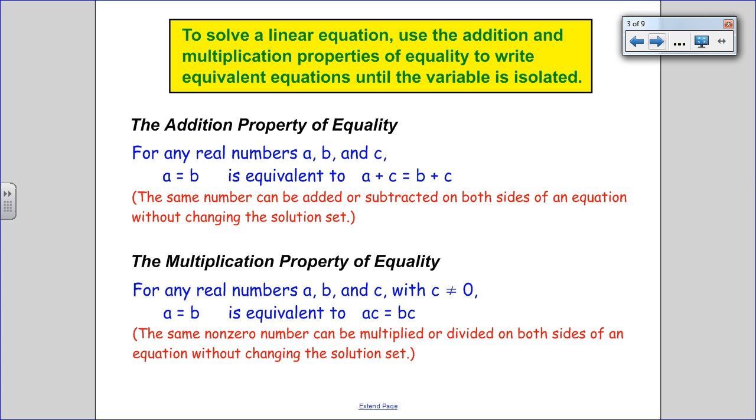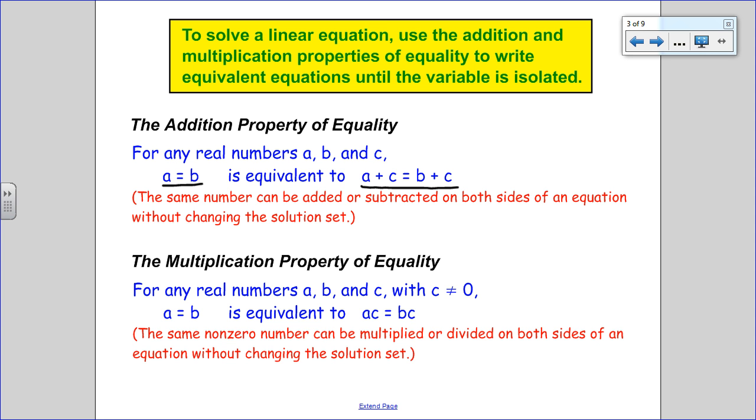So let's discuss this idea a little bit further. To solve a linear equation, use the addition and multiplication properties of equality to write equivalent equations until the variable is isolated. Now, what are these addition and multiplication properties of equality? Well, the addition property of equality, stated algebraically, is that for any real numbers a, b, and c, the equation a equals b is equivalent to the equation a plus c equals b plus c.